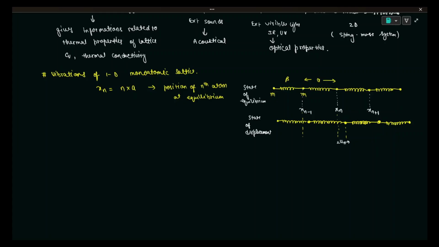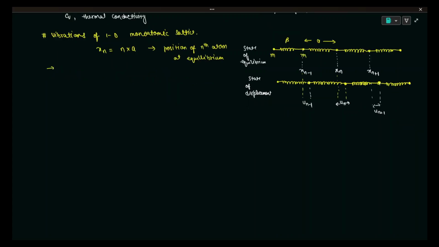So un is the net displacement of the nth atom from its mean position. Similarly, the n plus 1 atom will have a net displacement of un plus 1, and similarly un minus 1. Now if you see here, this forms a discrete system.